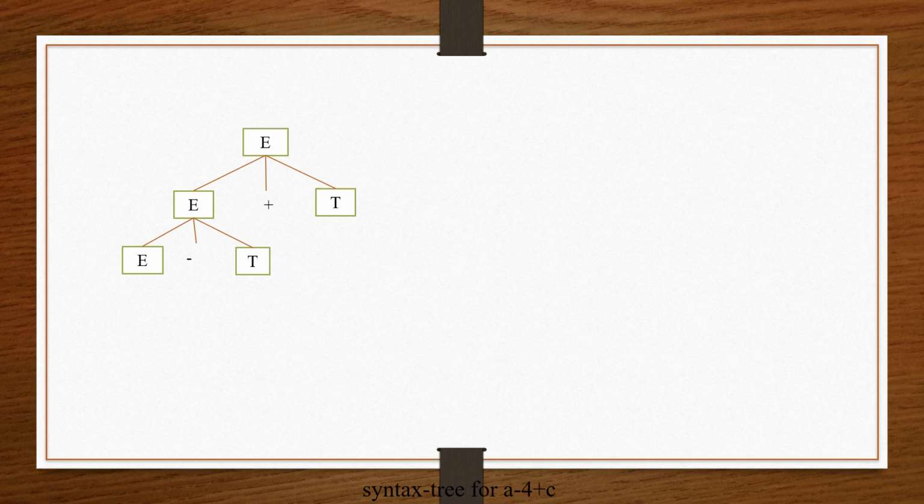This part is more oriented towards implementation. Now let us construct a syntax tree for the same grammar. The input is a minus 4 plus c. We know how to construct a parse tree. It starts with capital E going to E plus T, and the leftmost E is replaced with E minus T. Then the leftmost E is replaced with T, then a, 4, c.